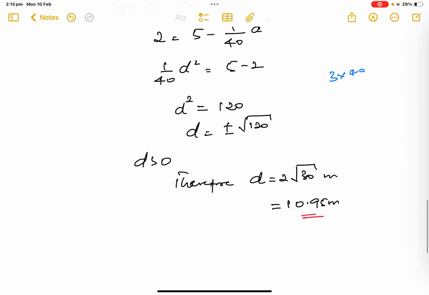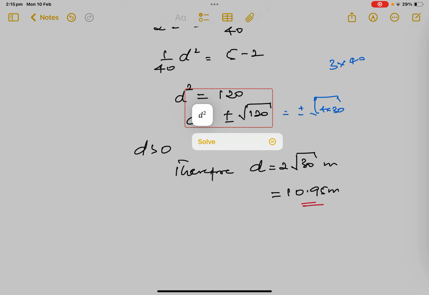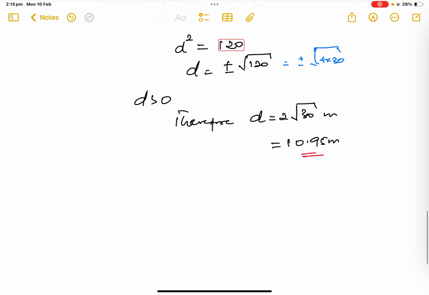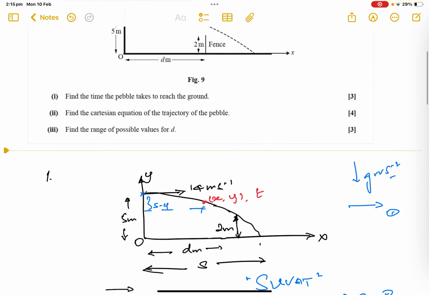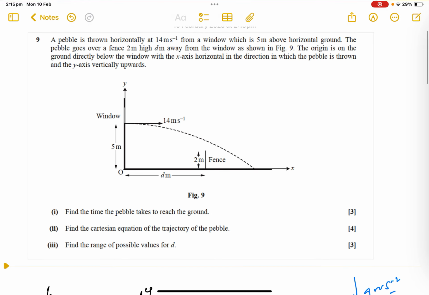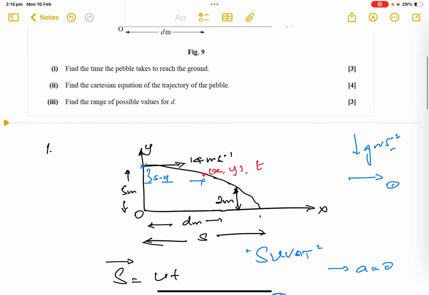The square root of 4 is 2, so d is 2 root 30. When you use a calculator, d is 10.95 meters. So that is the first part: the time for the pebble to reach the ground, which we found is 1.01 seconds.